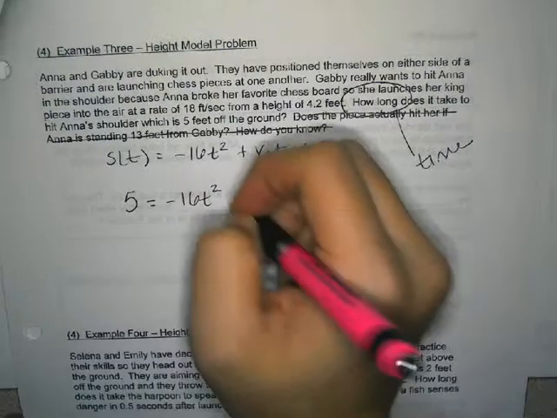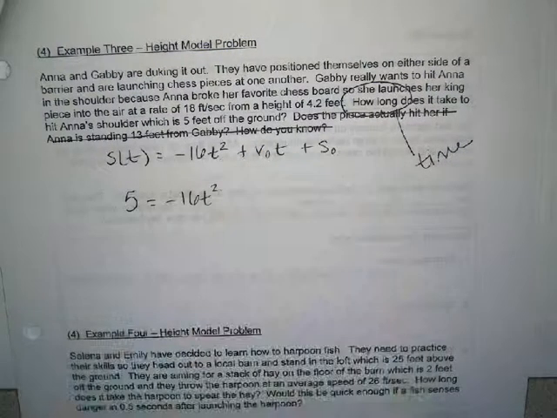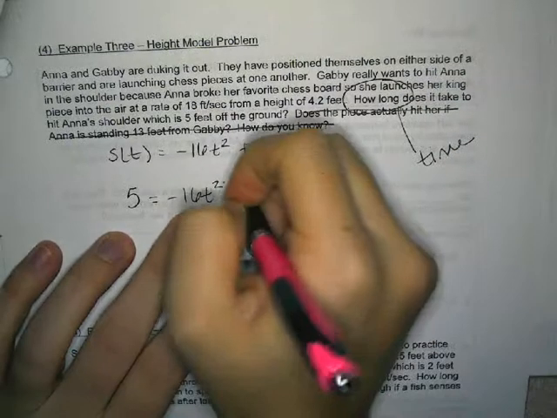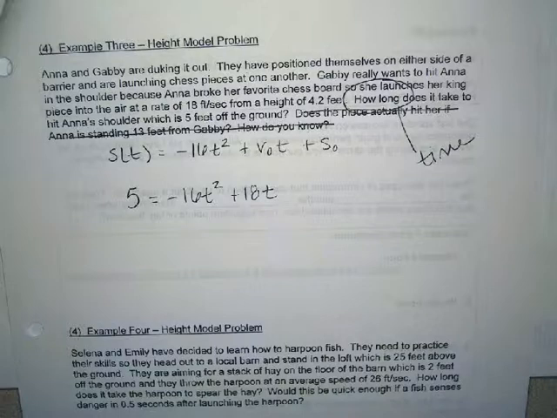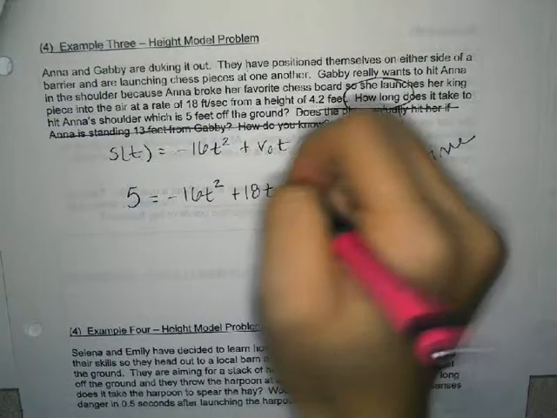My initial velocity, go with Adam Mitchell. What's my initial velocity? How fast is this going at that? 18 feet per second. And as a positive value or a negative value? Positive. Because hopefully she's not throwing it at the ground if she wants to hit her in the shoulder. Hopefully she's launching it through the air upwards. So you're going to have a positive 18. And again, the t stays because you're solving for t, so you need the t to stay there.